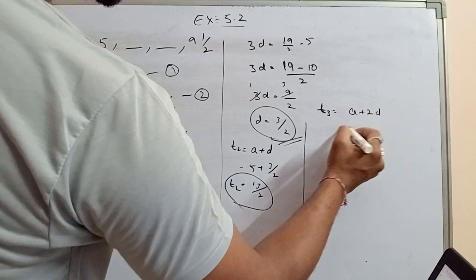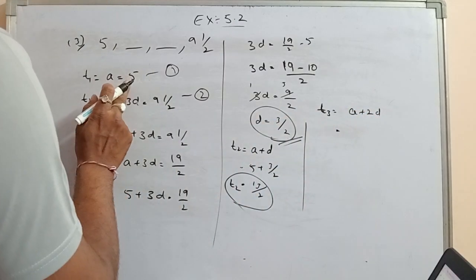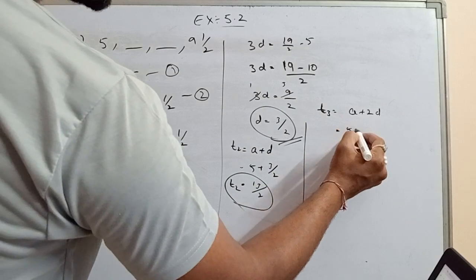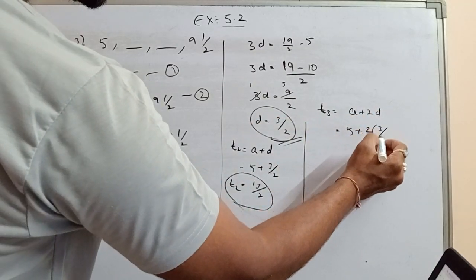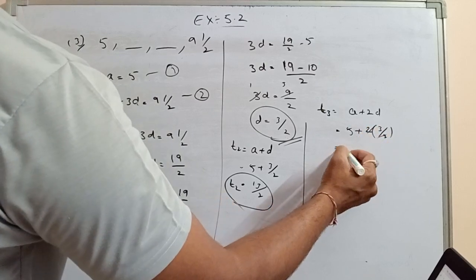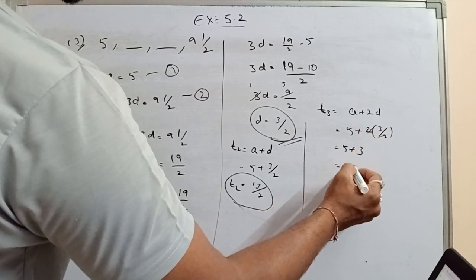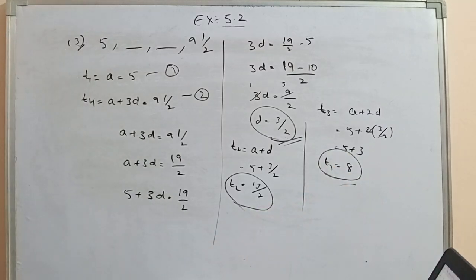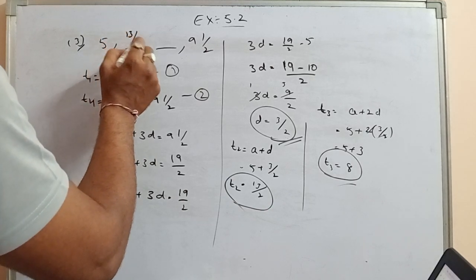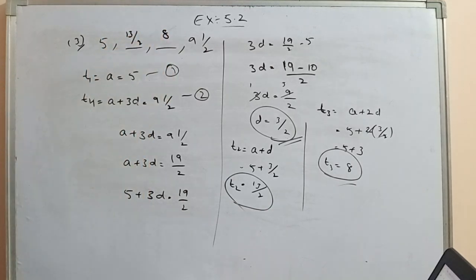The value of a is 5. So 5 plus 2 into 3 by 2. So 2 I am cancelling directly here. So 5 plus 3 will be 8. So T3 will be 8. Here this will be 13 by 2 and this will be 8. Got it?